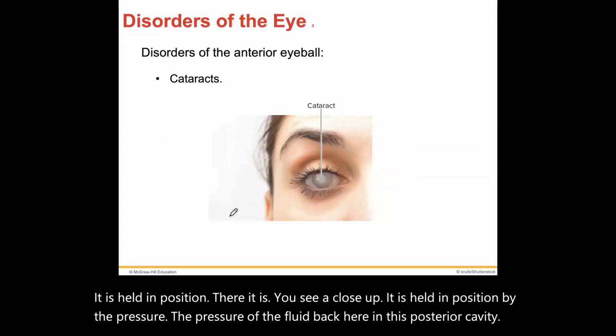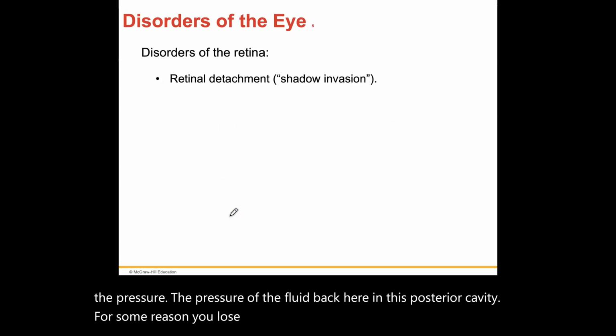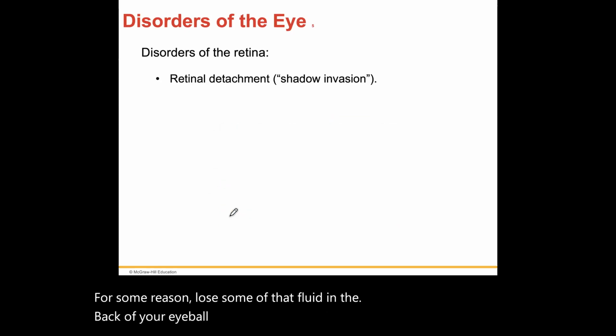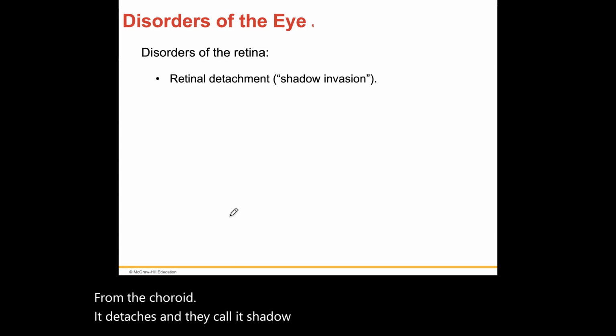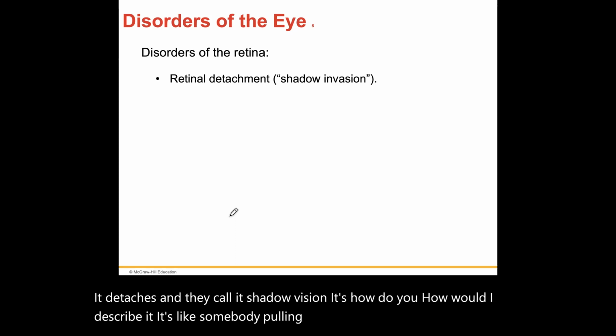If for some reason you lose some of that fluid in the back of your eyeball, it will cause the retina to pull away from the choroid. It detaches, and they call it shadow vision. It's like somebody's pulling a curtain down over your eyeball.